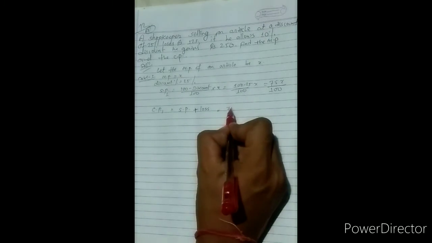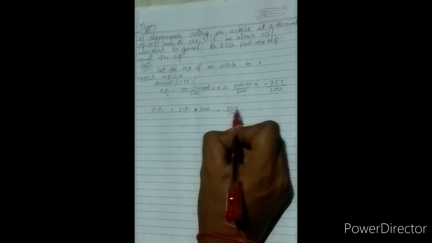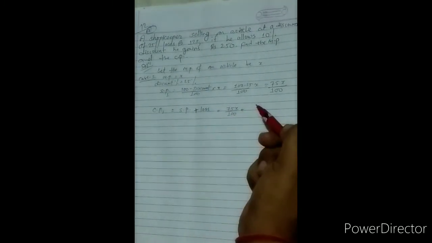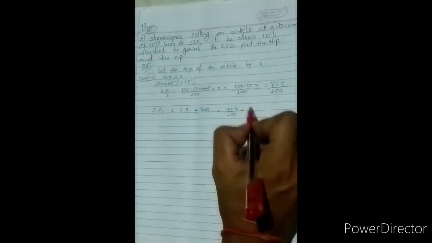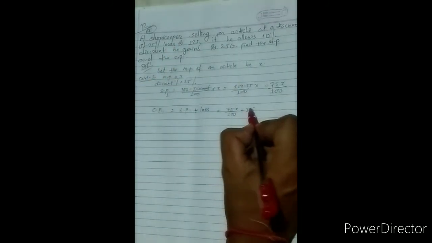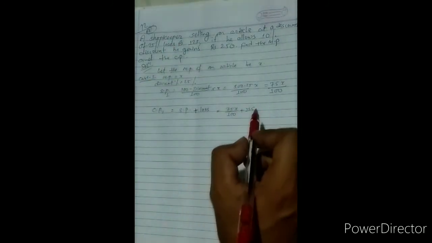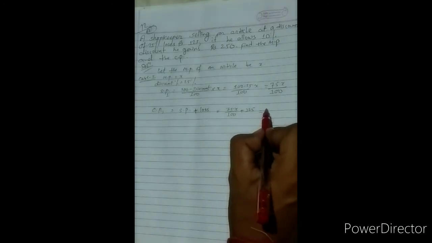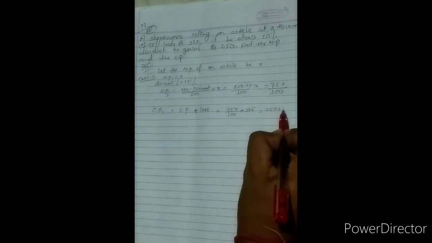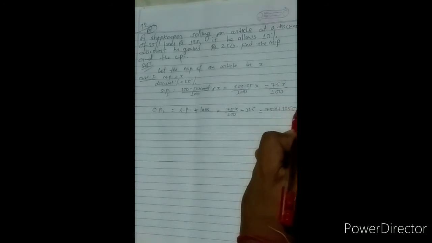So we have to add: 75x by 100 plus the loss, which is given as 125. 75x plus 12500 divided by 100.